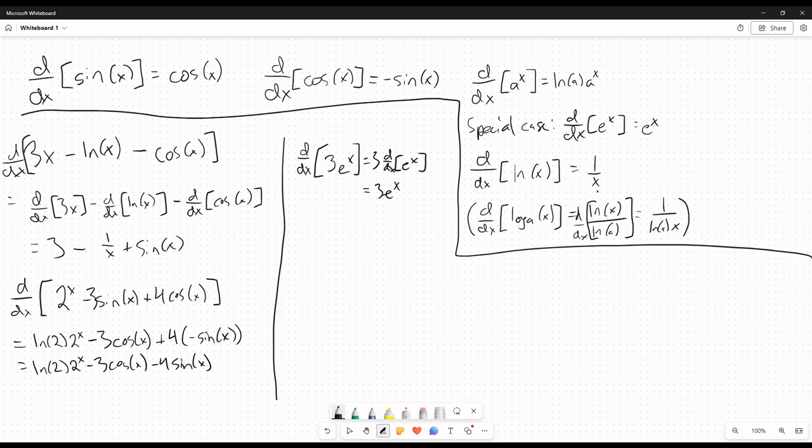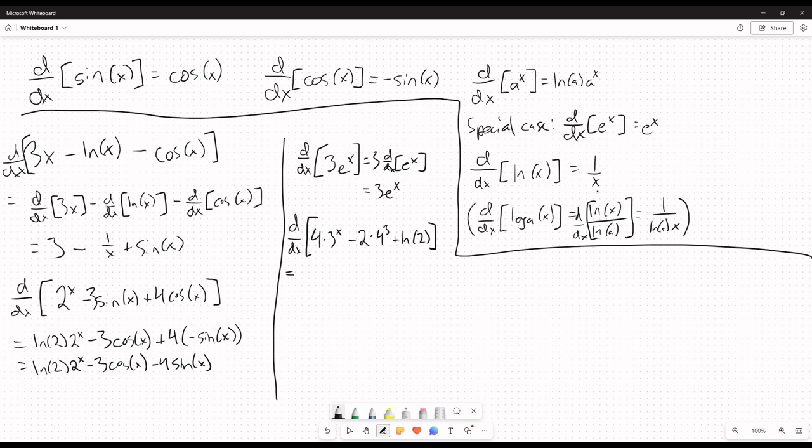What about, just again to make this a little bit more tricky, how about 4 times 3 to the x minus 2 times 4 to the 3 plus natural log of 2. Okay, so let's take the derivative of this term by term.